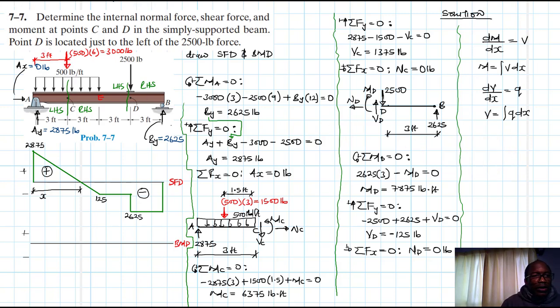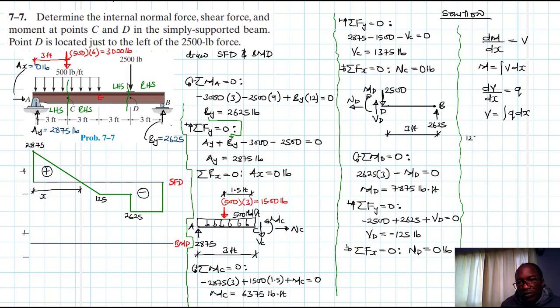Okay, so we can use similarity of triangles, right? So I'll use 125 and 28.75.